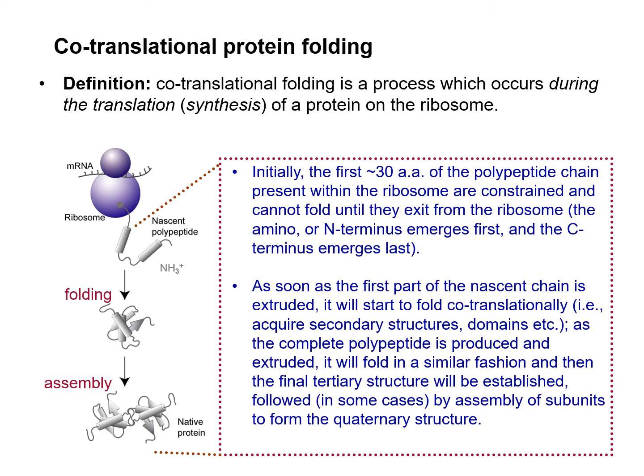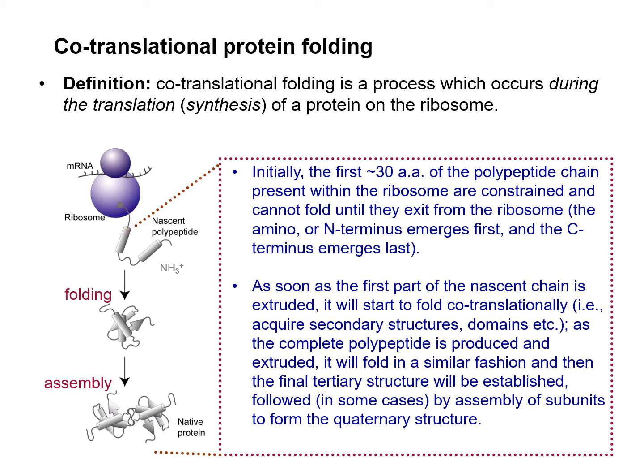Now let's talk more about co-translational protein folding, where the protein folding process and the translation, or the synthesis of the protein, are happening at the same time. So that's why it's called co-translational protein folding. Initially, the first 30 amino acids or so of the polypeptide chain present within the ribosome are constrained and cannot fold until they exit from the ribosome to have enough space for folding.